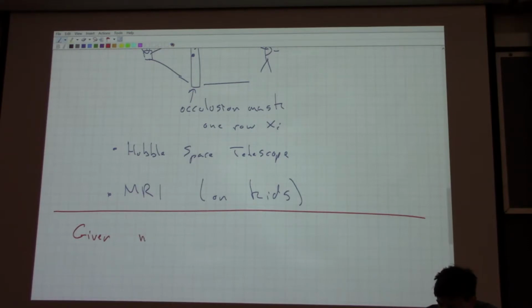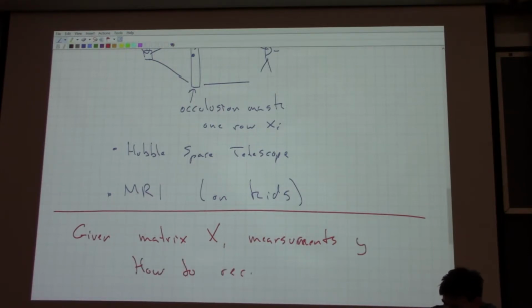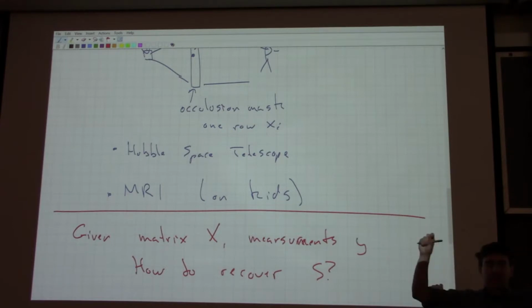Given the matrix X and the measurements Y, how to recover S? If we did these measurements where each row of X measured a single pixel, or a single bit at a time, it's simple to recover.